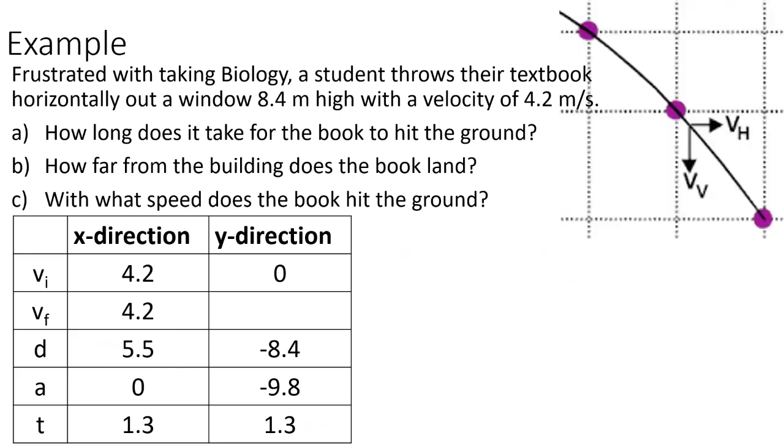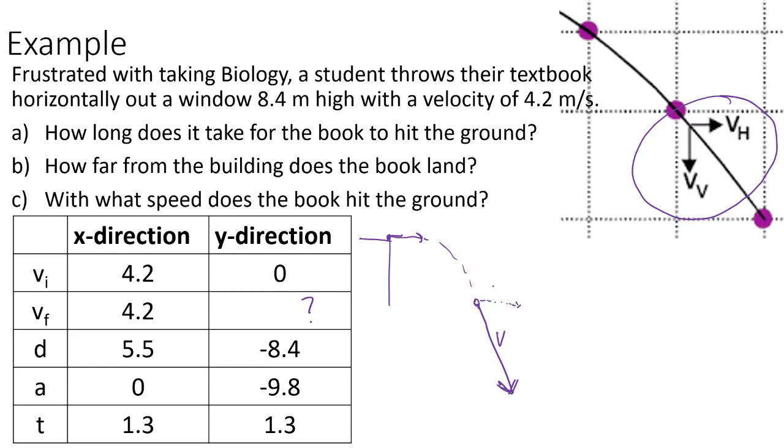Okay. So next, now if we want to find the speed that the book hits the ground with, we are going to need to know this final velocity in the y direction. So this goes back to that initial diagram where I talked about velocity at any single point. Let's say we have this object, it's getting thrown off a building. Okay, it's going to have a trajectory. Just before it hits the ground, it will have a final velocity that looks something like so.